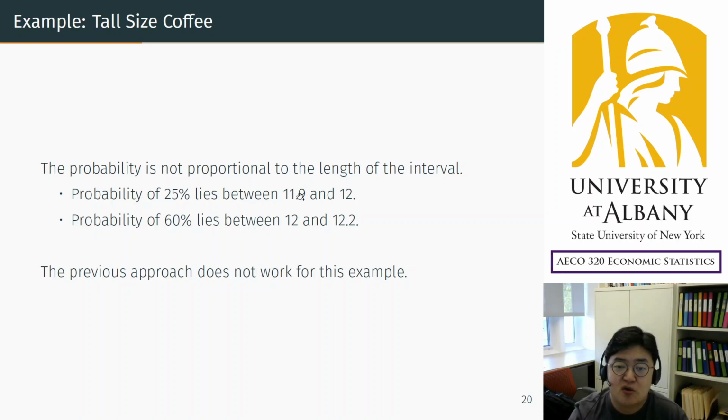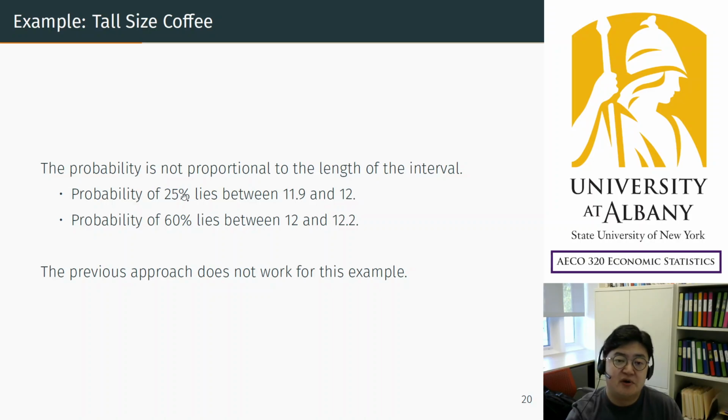See? The interval between 11.9 and 12, which is 0.1 length, contains 25%. But another interval with twice the length contains more than twice the probability. So it is not proportional. If they were proportional, it should have been 50% or it should have been 30% because the length is exactly double.